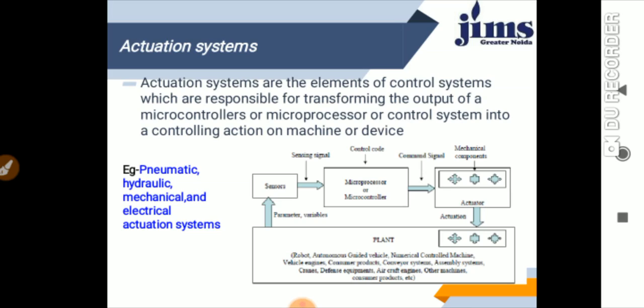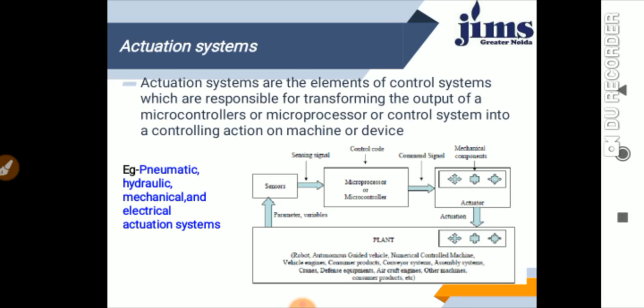Here you will see this is a plant. I already told you, in a plant you may have a robot, an autonomous guided vehicle, that is the AGV, then a numerical control machine, or a vehicle engine, consumer products, conveyor systems, and assembly systems.